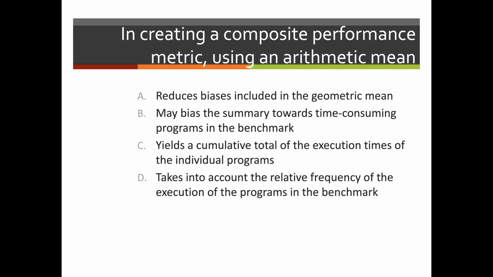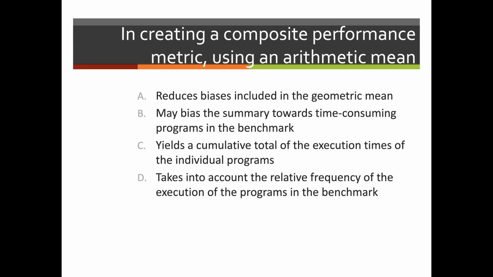So let's consider creating a composite performance metric using an arithmetic mean. What will happen? Will this reduce bias included in the geometric mean? May it bias the summary towards time-consuming programs in the benchmark? Does it yield a cumulative total of the execution times of the individual programs?